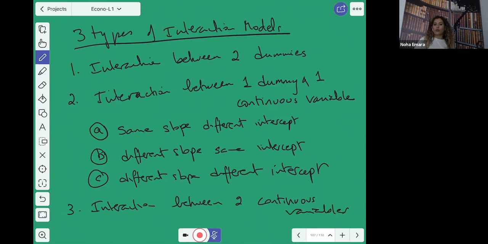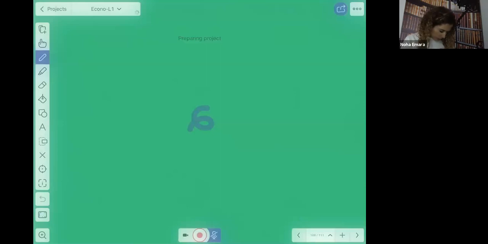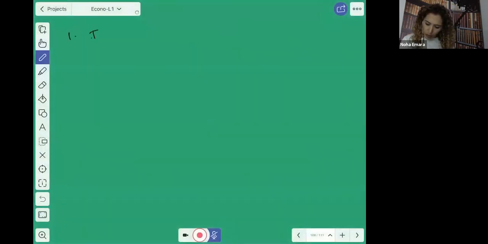So let's start with the first one, which is when I have two dummies. Let's see this example. So let's start with interaction between two binary variables, or two dummy variables.